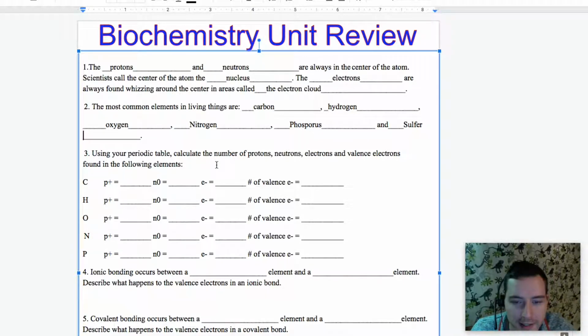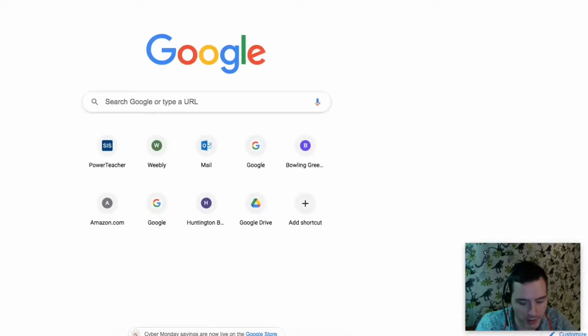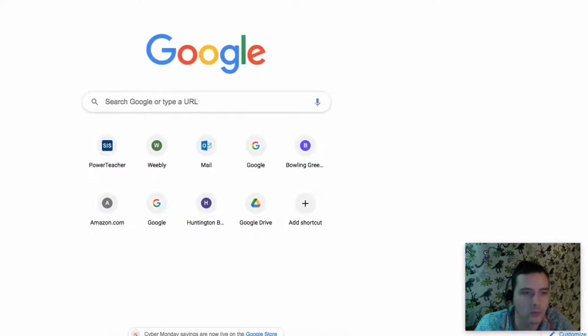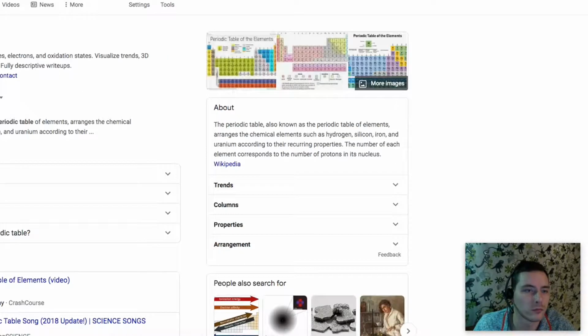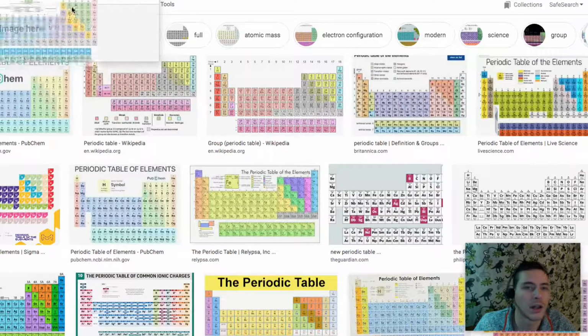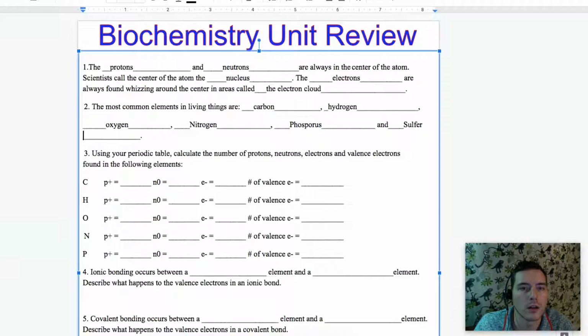Using your periodic table, calculate the number of protons, neutrons, electrons, and valence electrons found in the following elements. So it looks like if I go to, just type in periodic table, I can bring one into my review here.